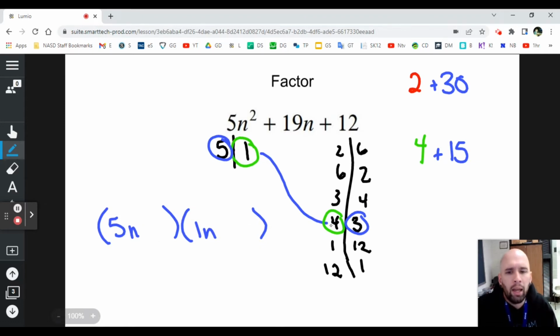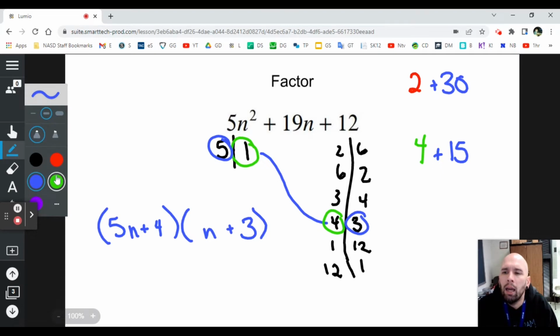Then I'm multiplying it to 4 in the left parentheses and 3 in the right parentheses. Now I could rewrite this, get rid of that 1. Let me see if I have an eraser small enough. Bang, bang. And I double check my work. 5n squared, 15n, 4n, 19n, and then 12.